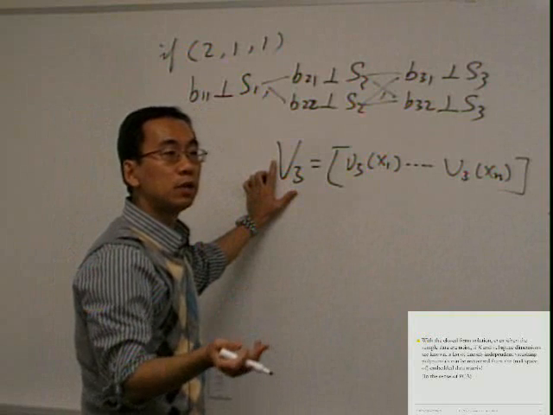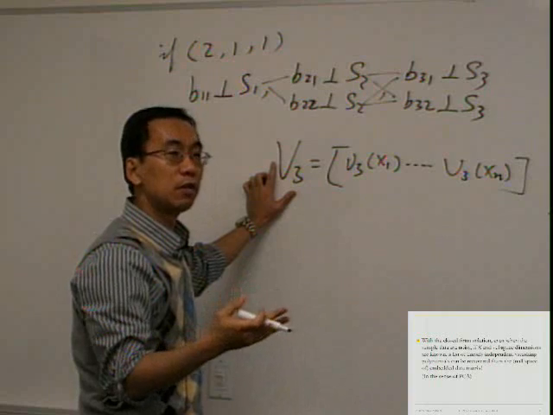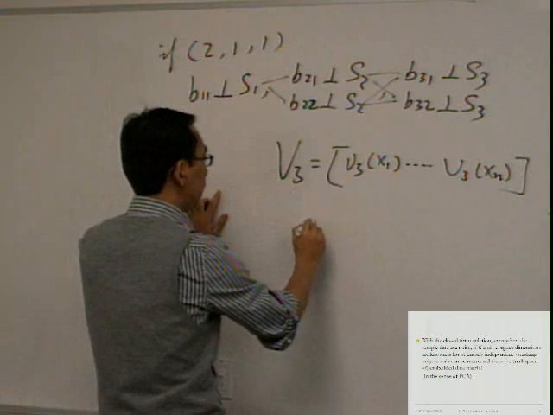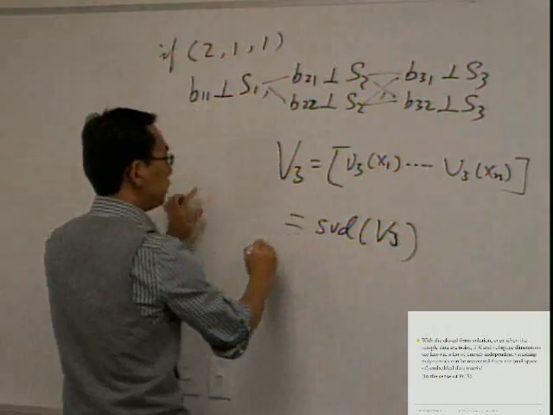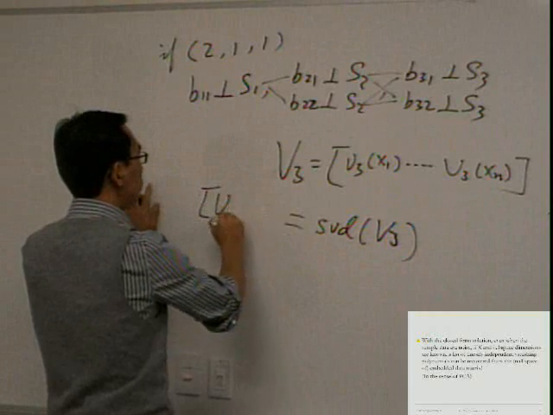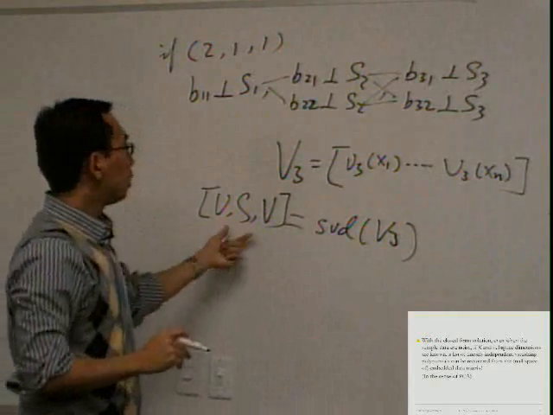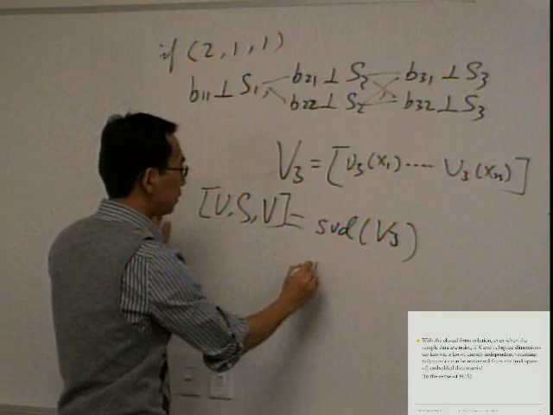If you compute the singular value decomposition, you are not going to see any 0 value among the singular values. But suppose you do the SVD of V3, which is equal to USV. Okay? Then what you can do is look at the diagonal of S.